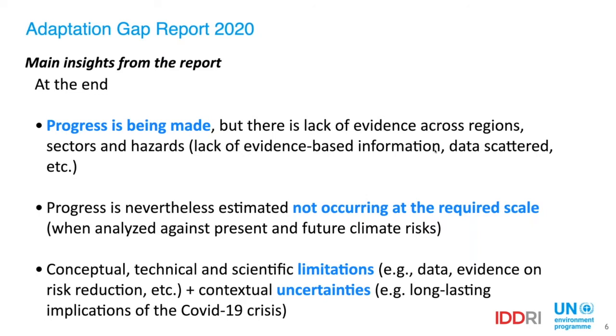And finally, we still have conceptual, technical, and scientific limitations, especially around data and how to deal with contextual uncertainties, such as the COVID-19 crisis and its implication on adaptation. This remains a critical point to be discussed. And that's it. Thank you.